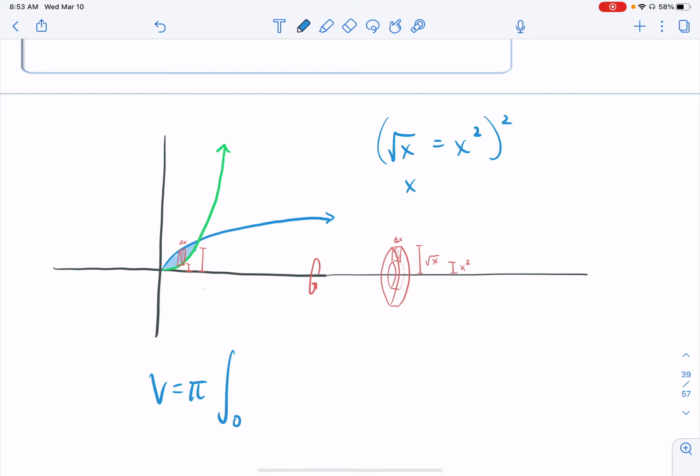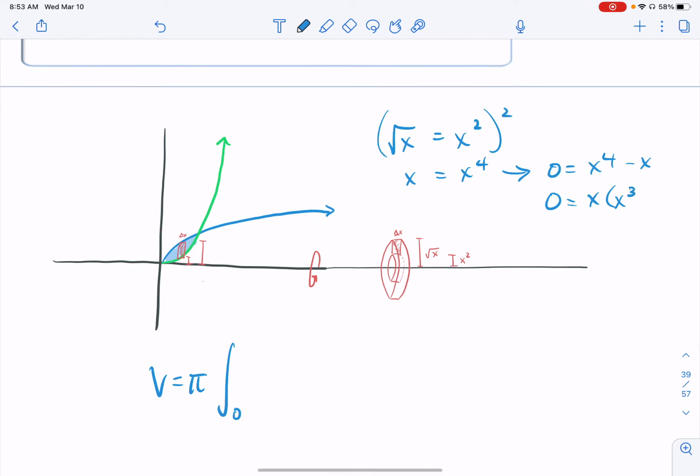I square both sides, I get x is equal to x to the 4th, and subtract that over, 0 is equal to x to the 4th minus x. Factor out an x: x times x cubed minus 1.